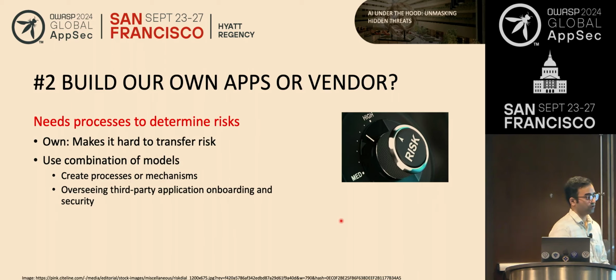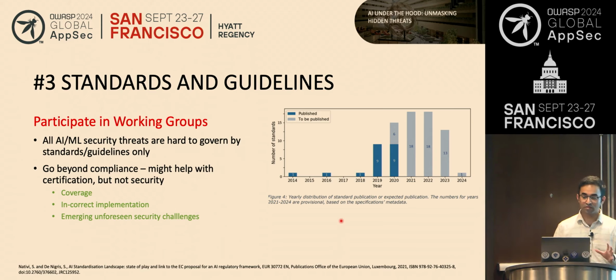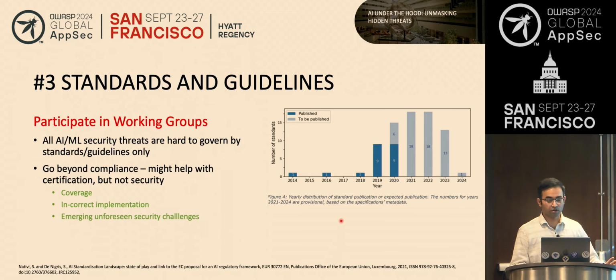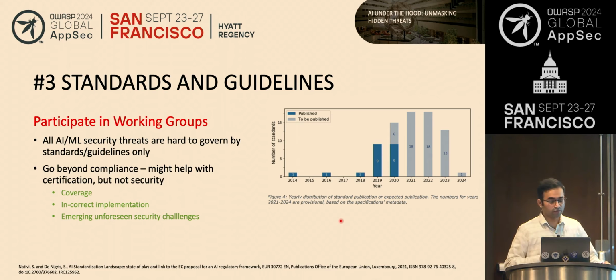The third way would be to have standards and guidelines. Standards play an important role in establishing the baseline security practices for an organization, and they promote common understanding of AI security. Just to understand why standards are important, especially for security in AI, here on the right we see a graph.